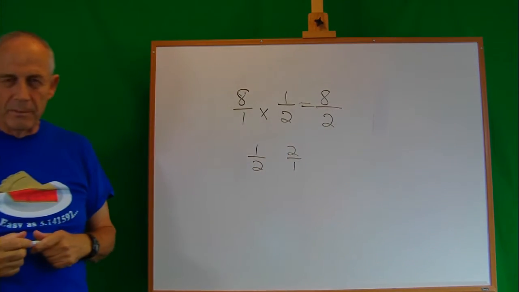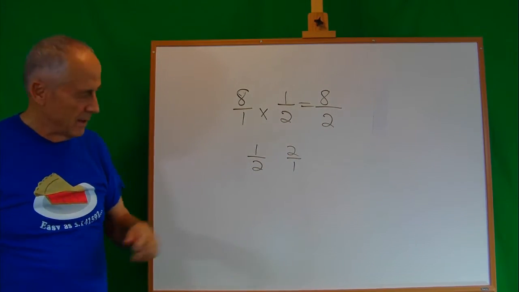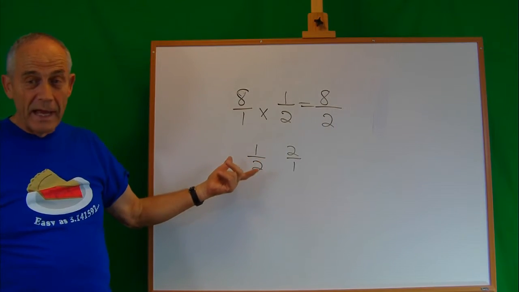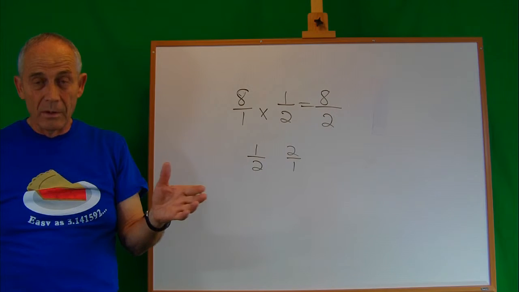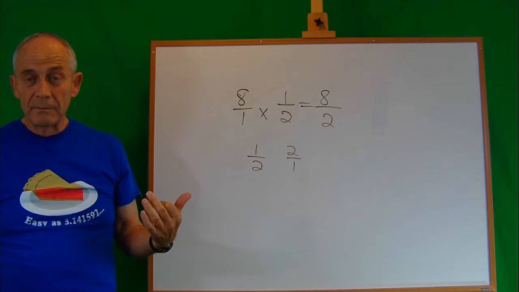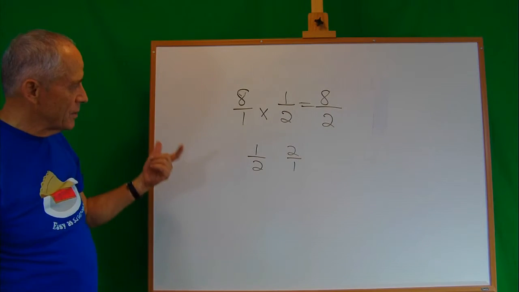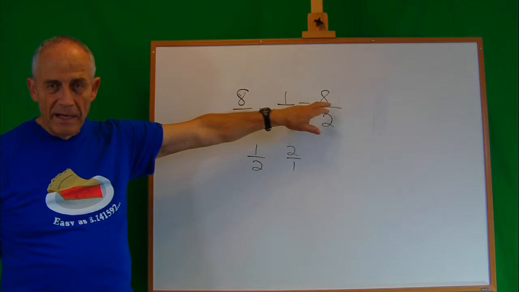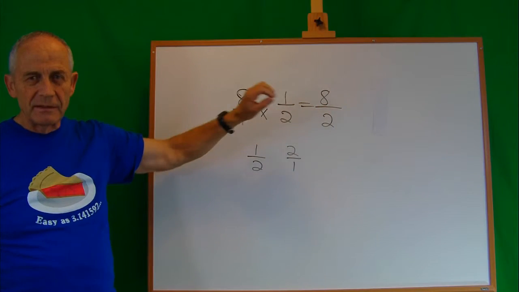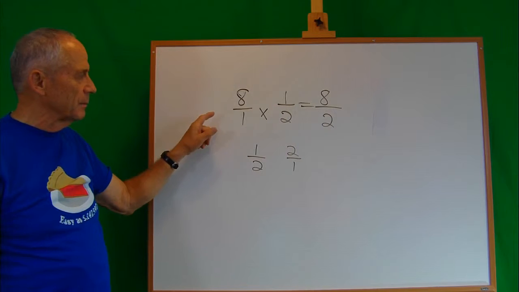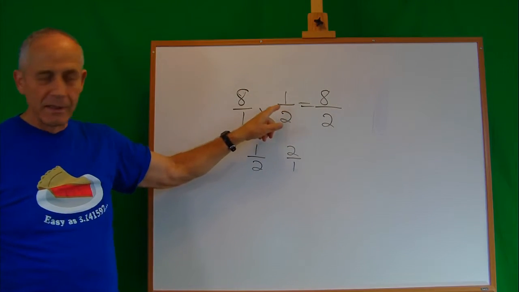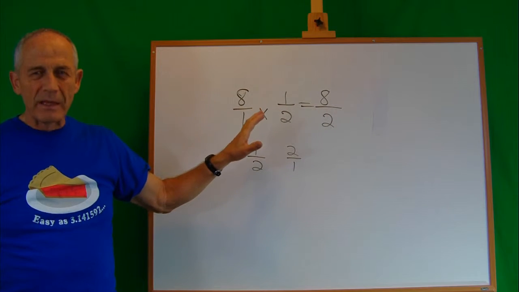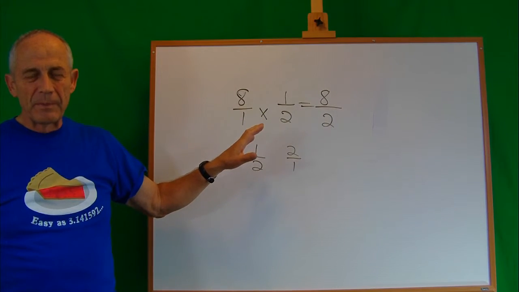What's the relationship between those two? Well, 1/2 and 2 are just inverses of each other, or flipped over. All right? So, dividing 8 by 2 is the same thing as multiplying 8 by the inverse of 2. That's what that definition means.